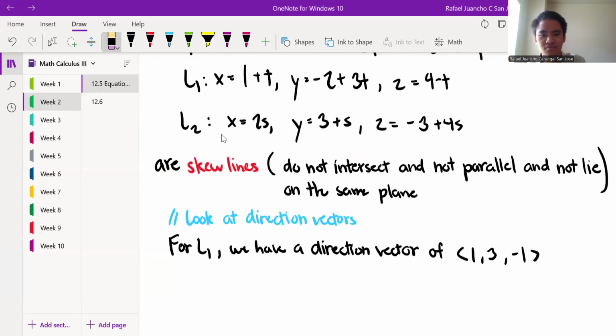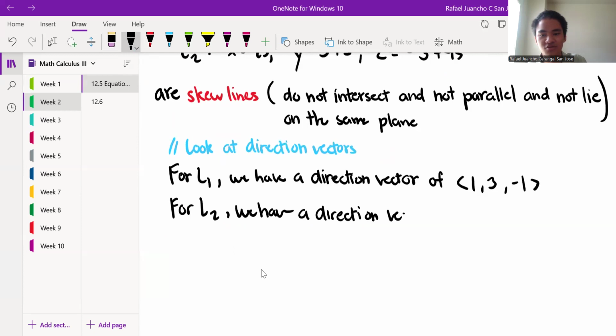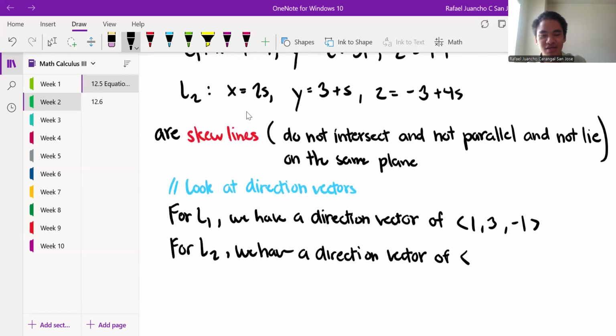Right? And for L2, we can also look at its direction vector. It's kind of a way of finding slope, but we can't really find slopes in 3D. That's why we use vectors. So what is this? 2s. Here it uses s instead of t. So here we have 2, 1, 4.